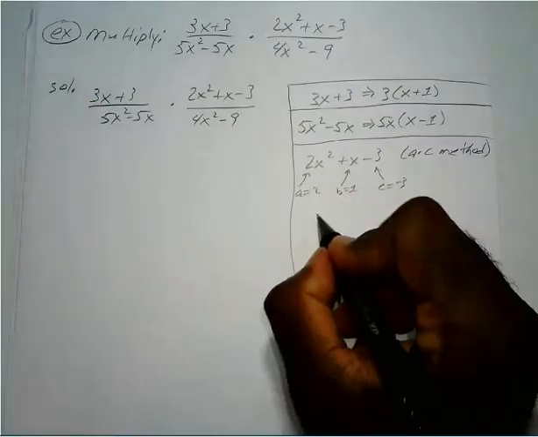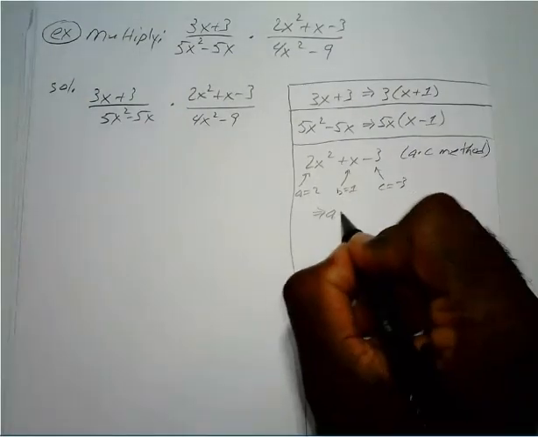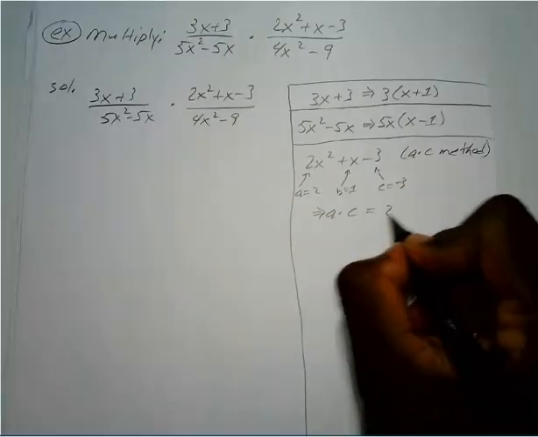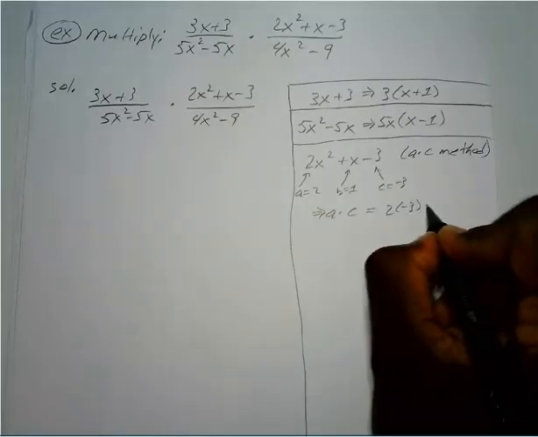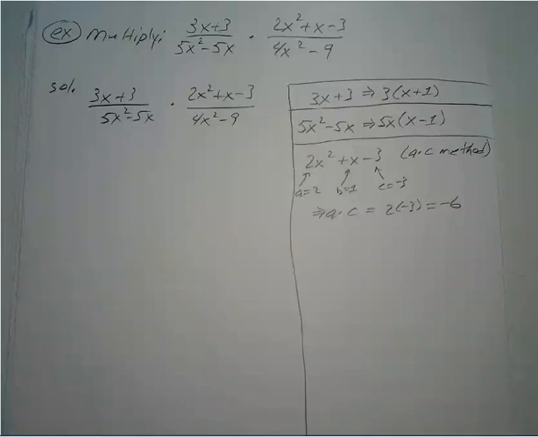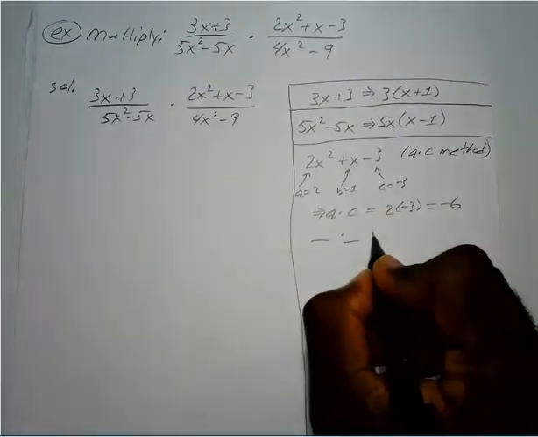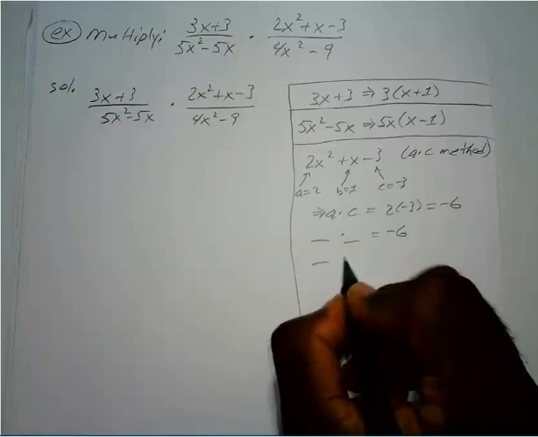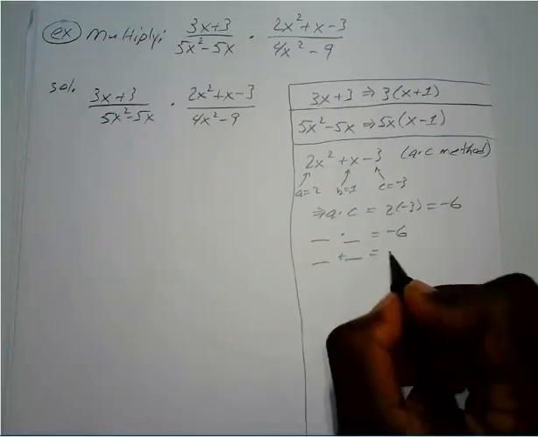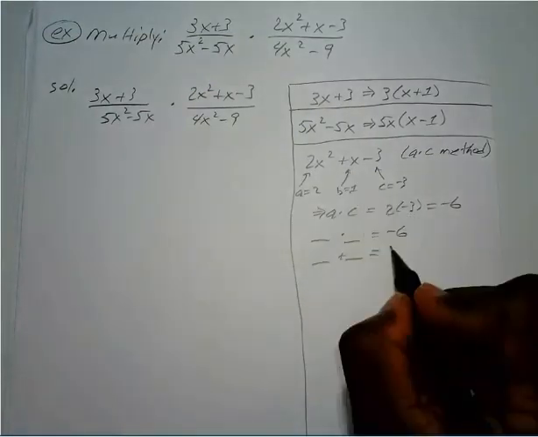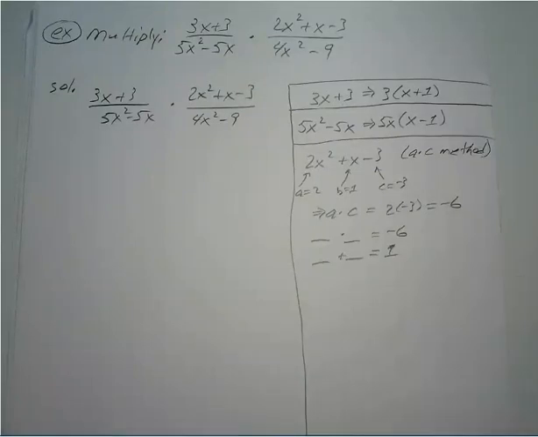Okay, so we know that a times c is 2 times negative 3, which is negative 6. So that means we have to find two numbers that multiply to equal negative 6 and add to equal our b value, which is 1. Okay, so in this case, 3 and negative 2 works.